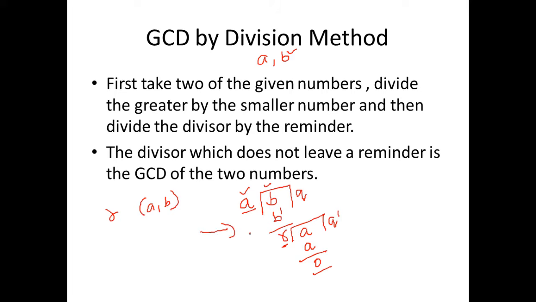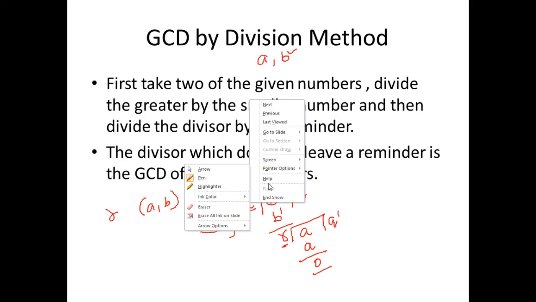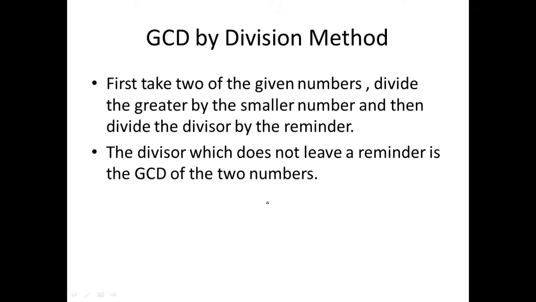We'll understand the division method taking a very simple example here. Let me go and erase all ink on the slide. So let us find the GCD of these two numbers, 30 and 45.